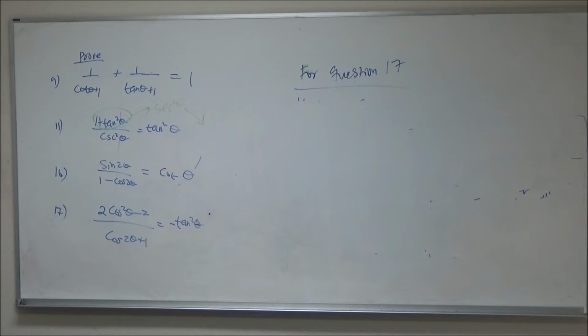Yeah, so you need to remember cos 2 theta. You probably want to break it down into cos squared theta minus sine squared theta, right? So this is that what you go here? 2. Okay. Then the top becomes the.